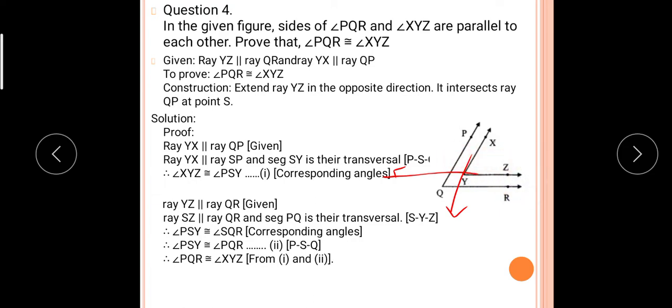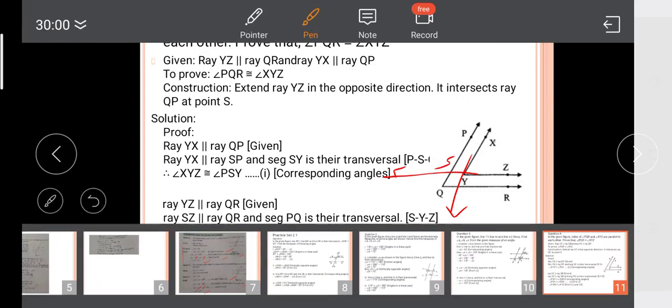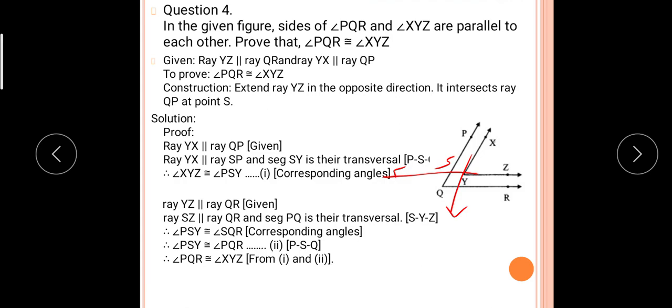Extend ray YZ. This YZ ray I extend in the opposite direction. It intersects the ray QP at point S. So we have to consider it as a point. Now ray XY is parallel to QP and SP also, because S is a point on PQ when you are extending YZ.